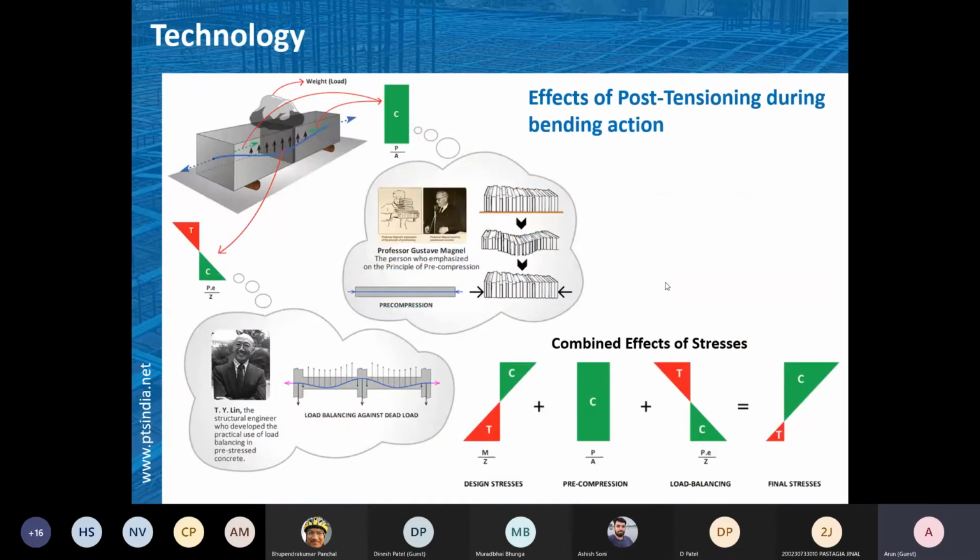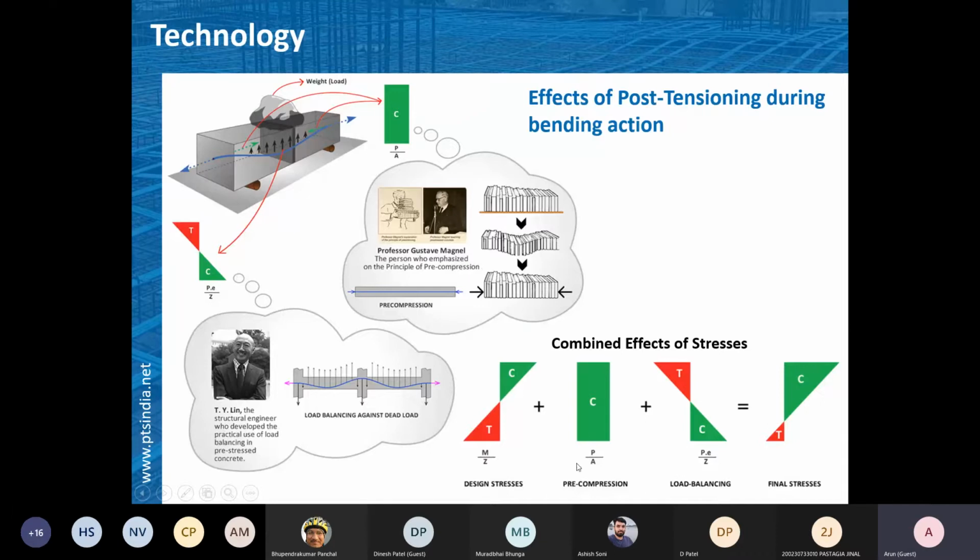Now this is the overall picture, wherein you have the precompression P by A, then the weight balancing effects. Combining all the effects, this is the design stress. Because of the weight, there will be a design stress created on this particular beam, that is compression at the top, tension at the bottom.